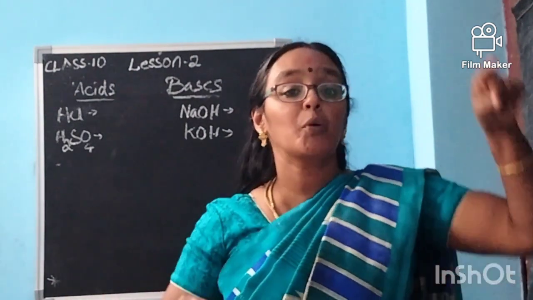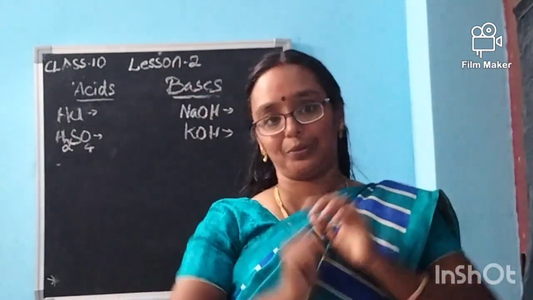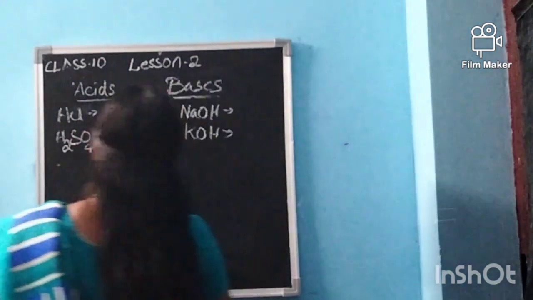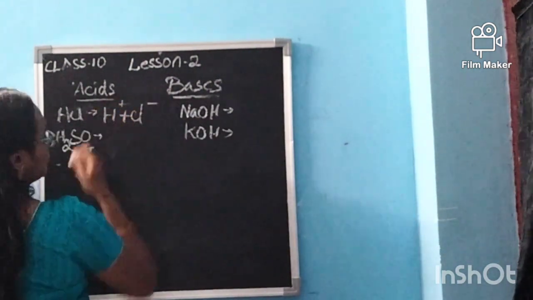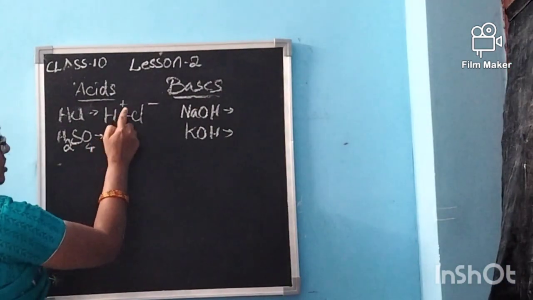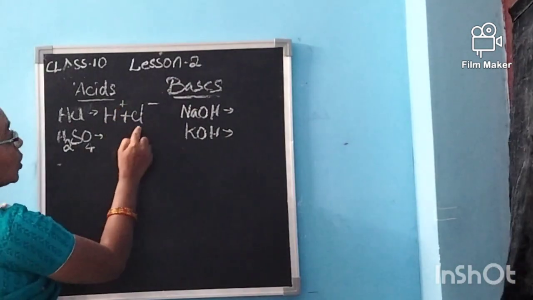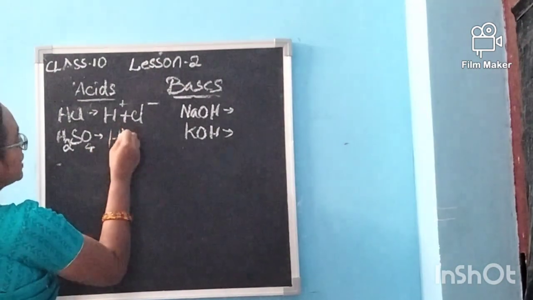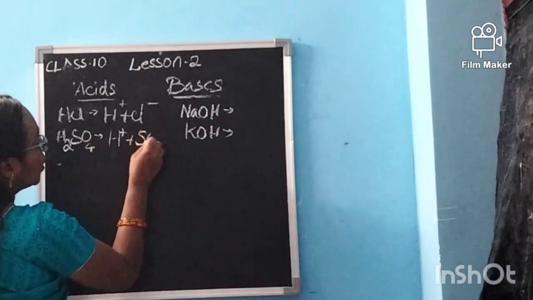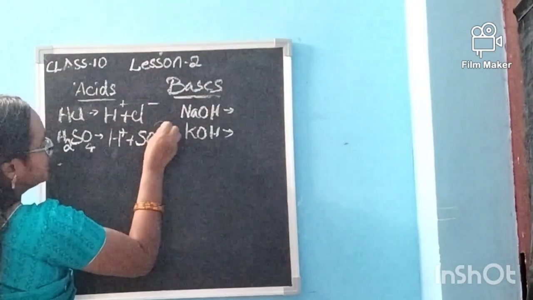Because of the movement of cations as well as anions. Hydrochloric acid is split into H+ and Cl−, hydrogen ion and chloride ion. Okay dears, sulfuric acid gives H+ and SO4 2−.